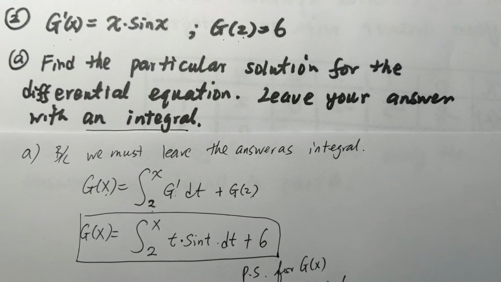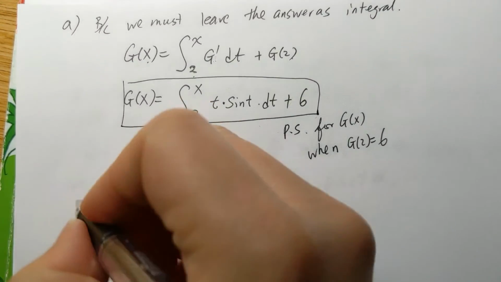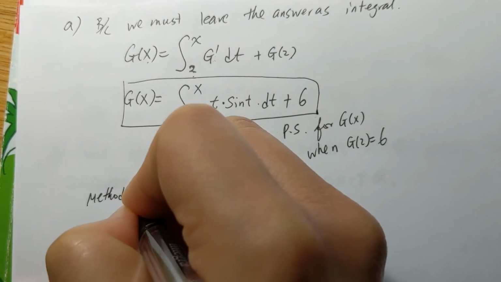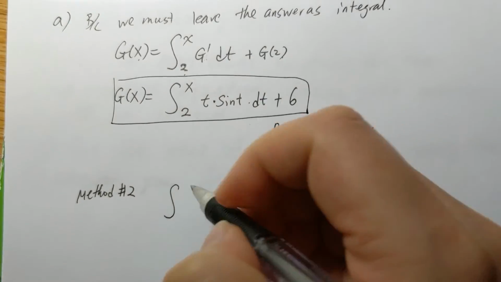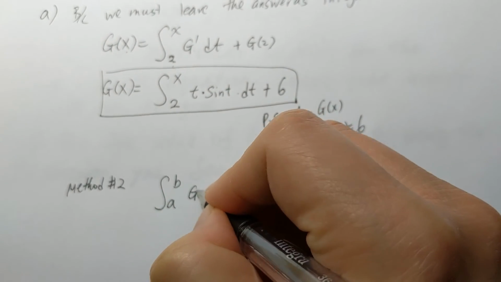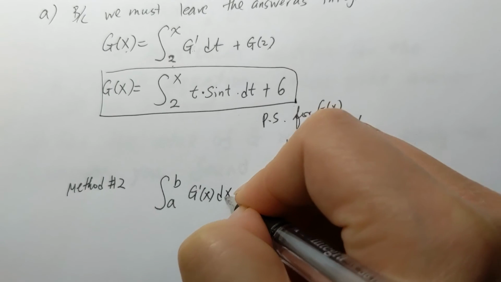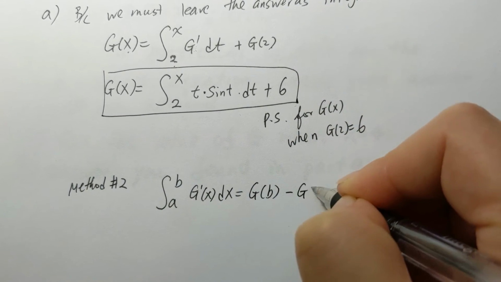So some people said, I don't like this method, let's try another method. Okay, so let's try method number 2. Integral from a to b of g prime of x dx equals g of b minus g of a.